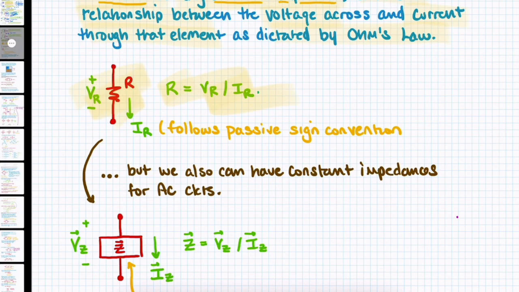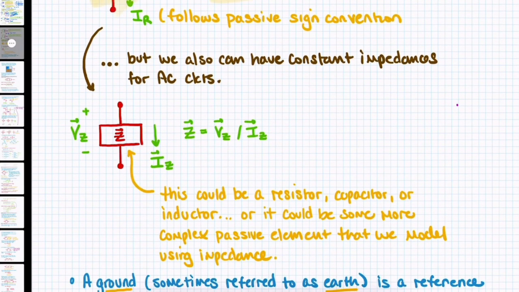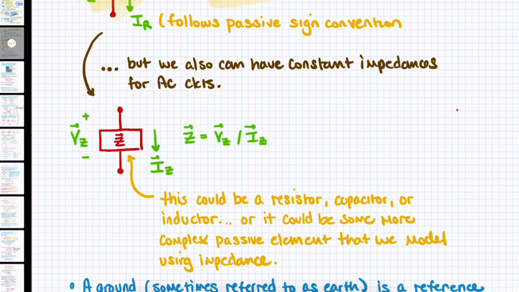Now, the reason why we say a resistor or any constant impedance is because, for DC circuits, we don't have to worry about complex impedances. For DC circuits, constant static voltages and currents, the imaginary parts of the impedance go away.